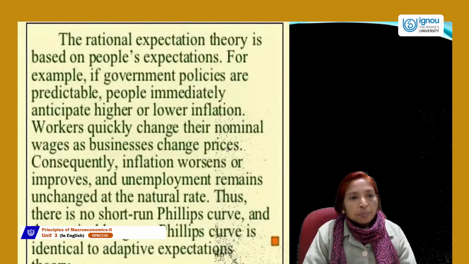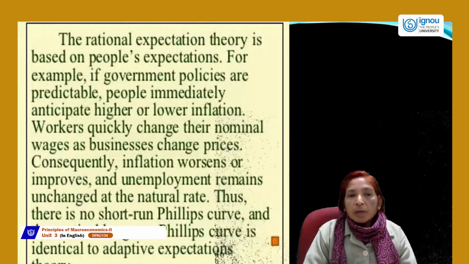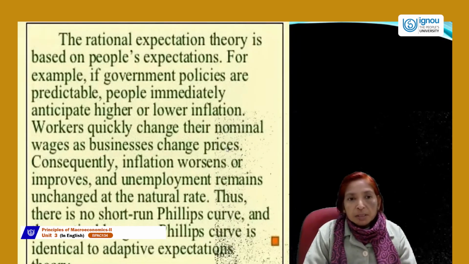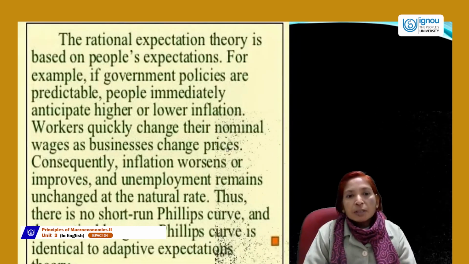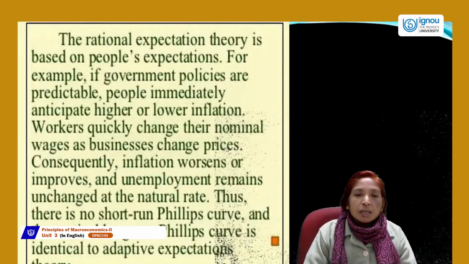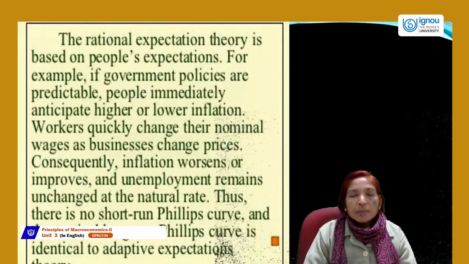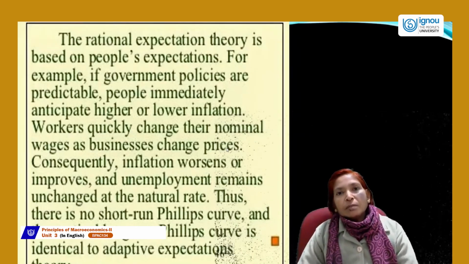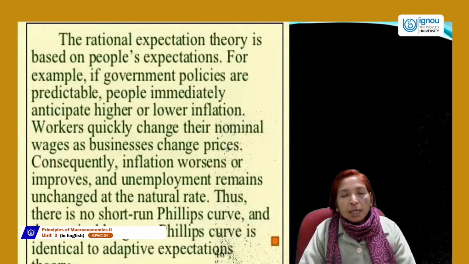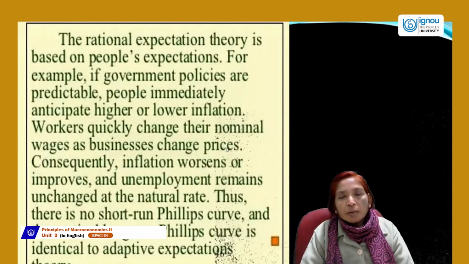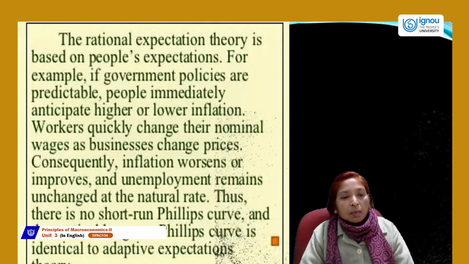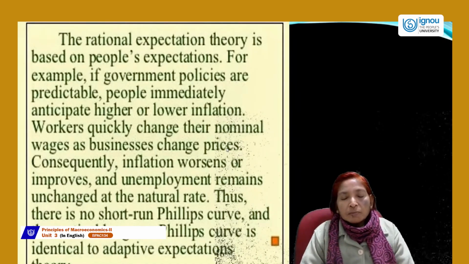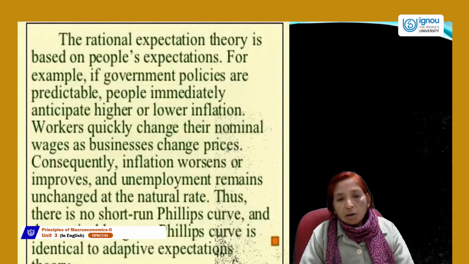So, in this case, if government policies are predictable, people can anticipate higher or lower inflation, workers quickly change their nominal wages as business changes their price level. So inflation may worsen the situation, and it may improve the situation. But unemployment will remain constant in long run.